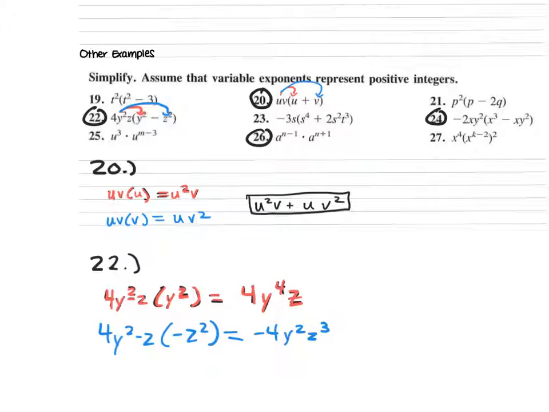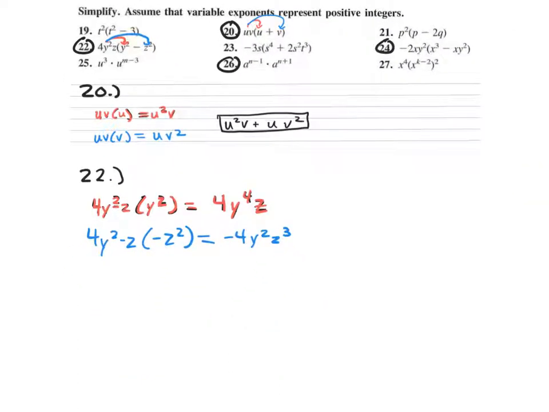So we've got negative 4 y squared z to the third power. So now what is my final answer in all of this? 4y to the 4th power z minus 4y to the second power z to the third power. Perfect. And we can't subtract those things or add those things.